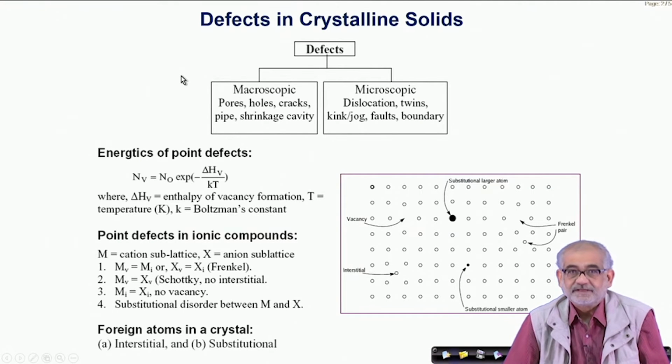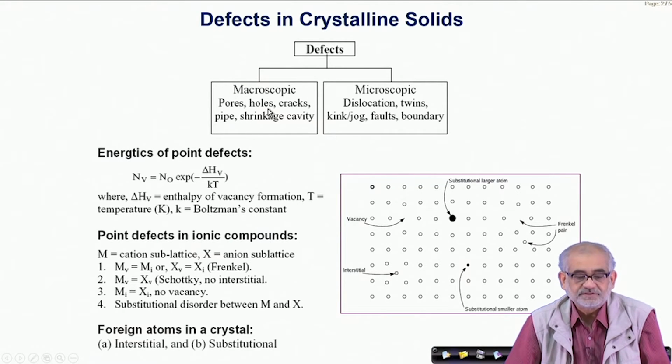The point I'm trying to make is that the presence of defects is unavoidable in all kinds of crystalline solids. And these defects could be of mainly two types. First, the macroscopic defects. As the name suggests, these are defects which can be seen by the naked eye or at low magnification.